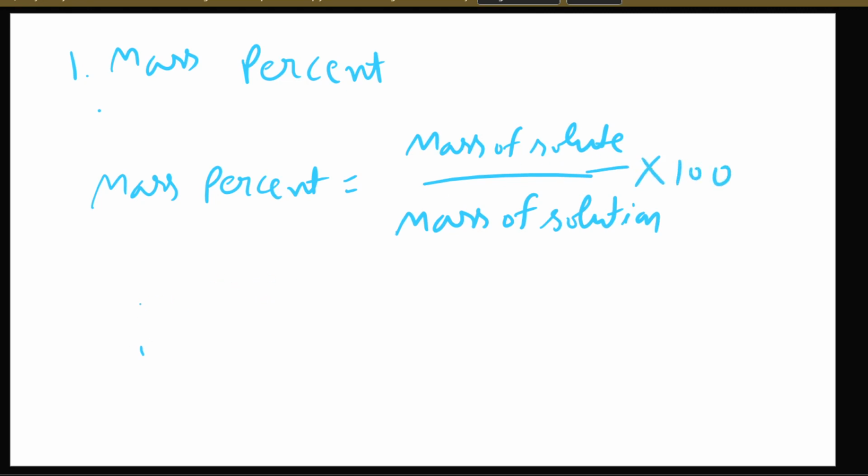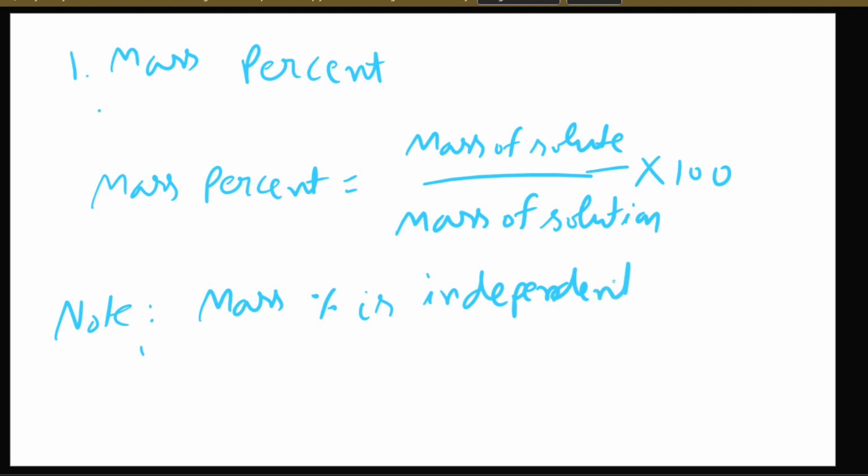One point to note is that mass percent is independent of temperature, so it does not depend on the temperature. Another term that comes after that is the mole fraction.